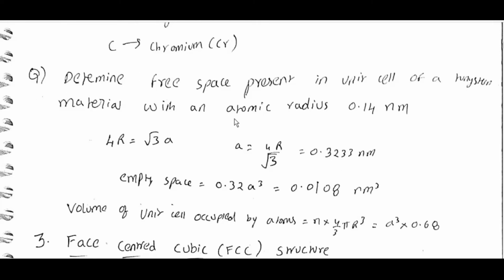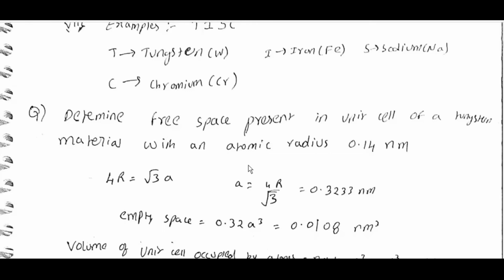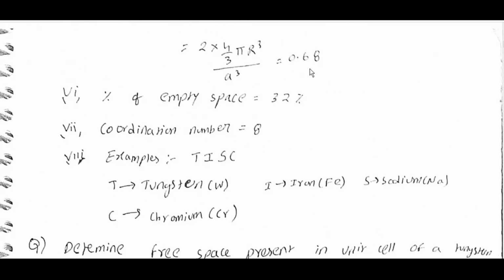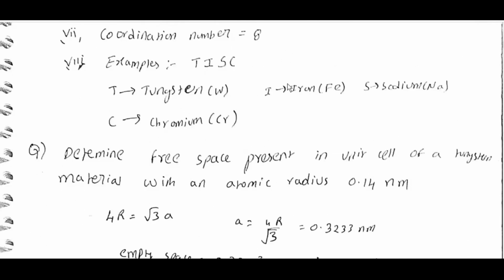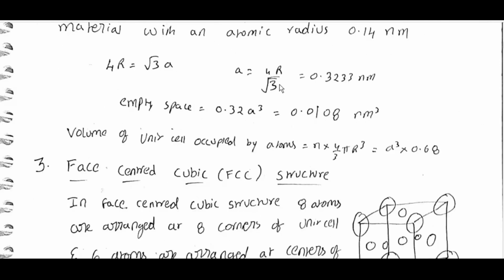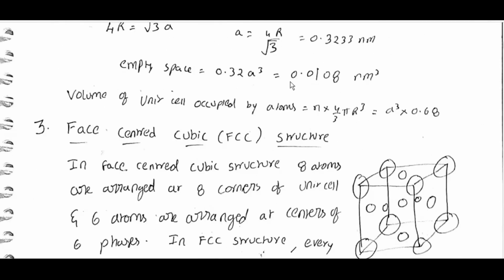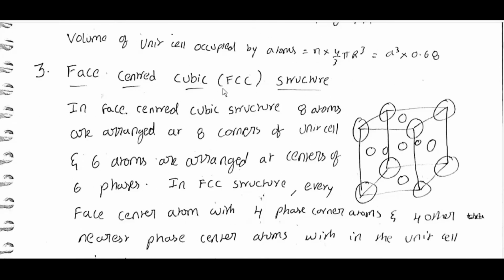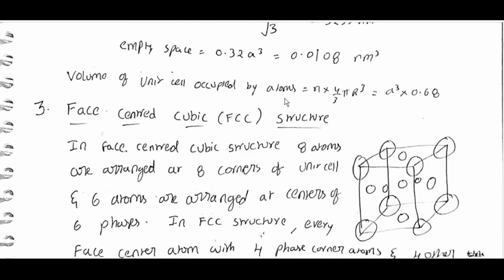Empty space is equal to 0.32 a cube, as 68% is APF and 32% is the percentage of empty space. 0.32 a cube is equal to 0.0108 nanometer cube. Volume of unit cell occupied by atoms is equal to n into (4/3)πr cube, which is equal to a cube into 0.68.